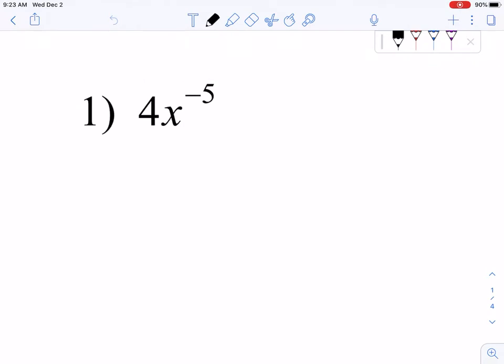If we're working with terms, we have x to the negative fifth and we have 4 to the first. So this negative 5 power is only attached to the x. This negative 5 power has nothing to do with the 4. It is attached to the x and only the x.